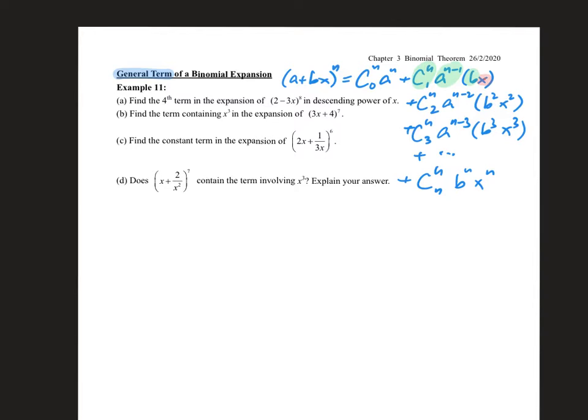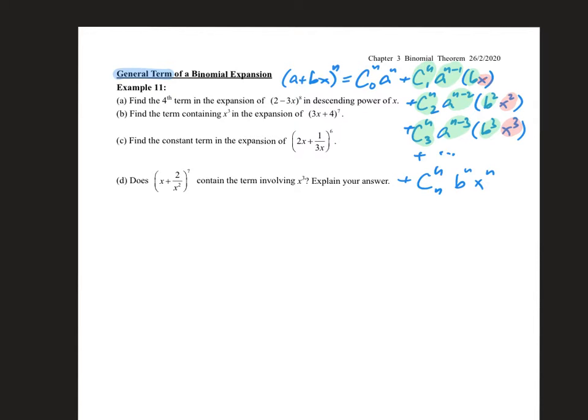For bx squared, next you have nC2, n minus 2 for the power of a, b squared. Next you have x cubed, which means nC3, power n minus 3 for a, b cubed for b as a coefficient.